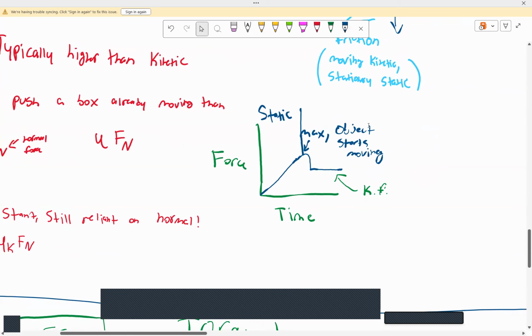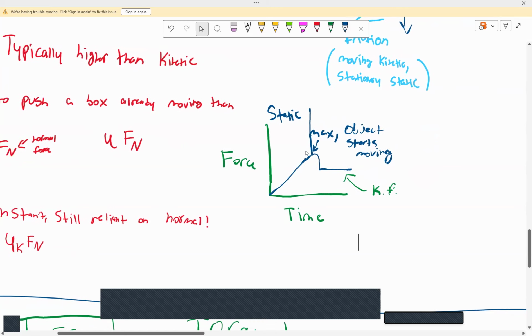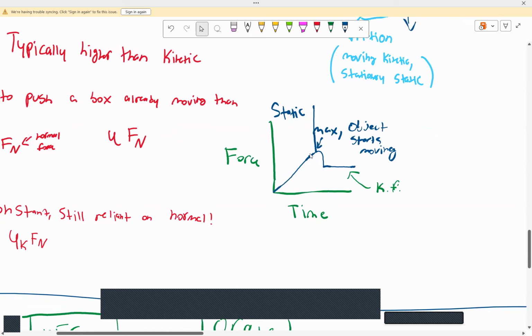Static friction holds up to a certain point until the object starts moving, so it can be anywhere between 0 and that point. Kinetic friction is always a flat constant, so it's never going to have any variance, whereas static friction can, depending on what time point you are looking at.